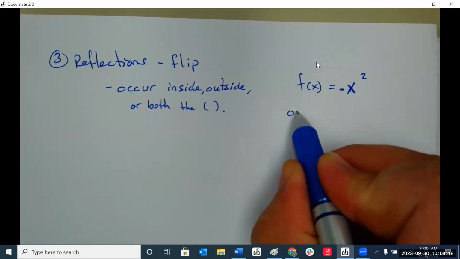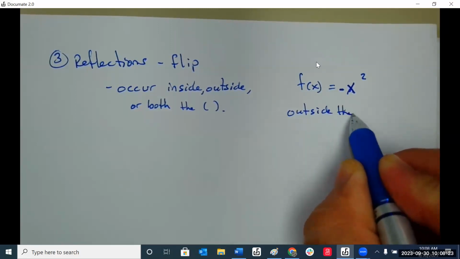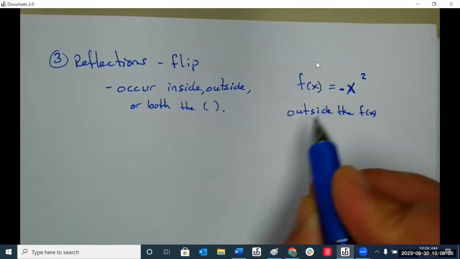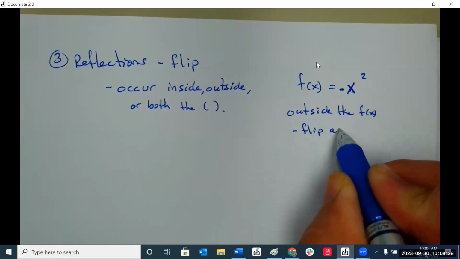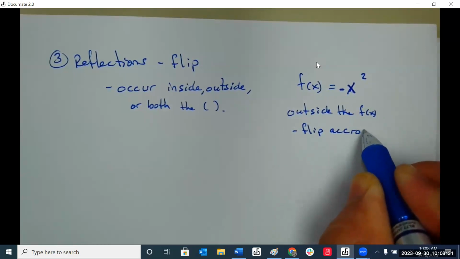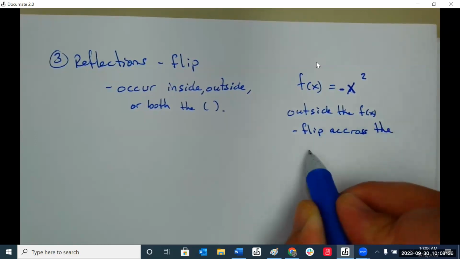if it's outside the function, flip across the x-axis.